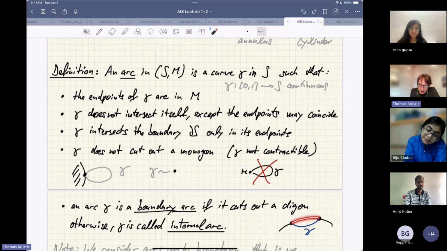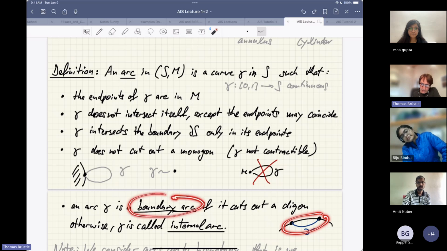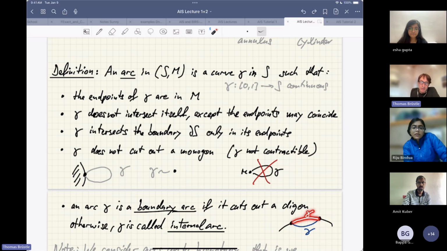This means gamma cuts out a digon, a polygon with two vertices. And this is allowed. So cutting out a monogon is not allowed, but cutting out a digon is allowed. However, this is still a special case. Such an arc is called a boundary arc. So I could equally well draw gamma here. That would be the same thing.